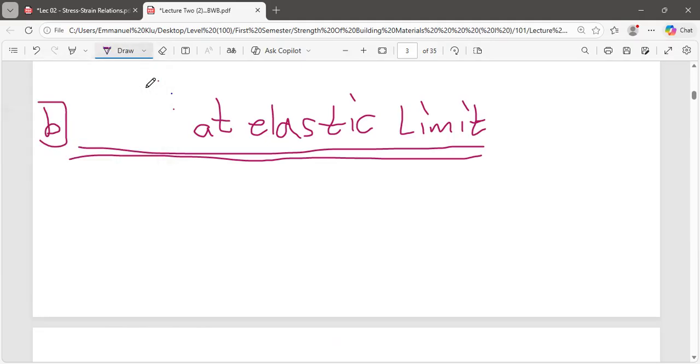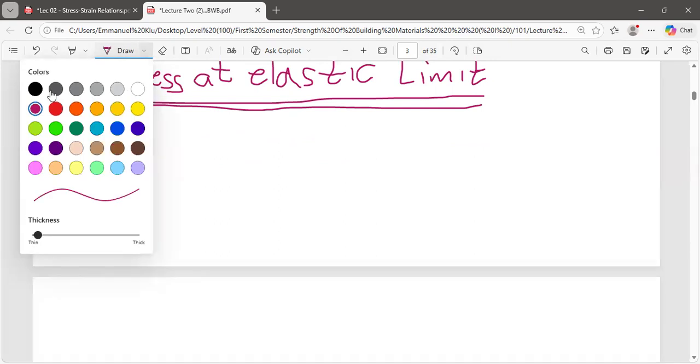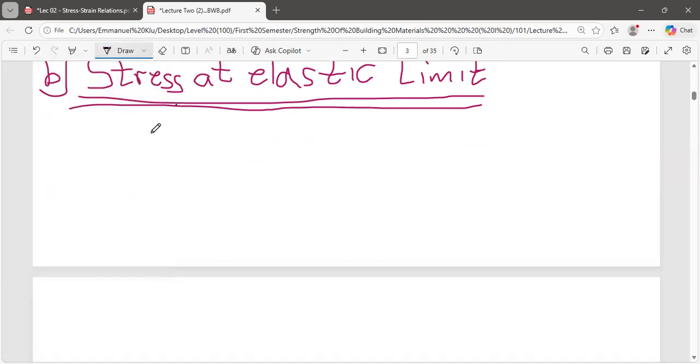So you're going to use the load at elastic limit over the original area.